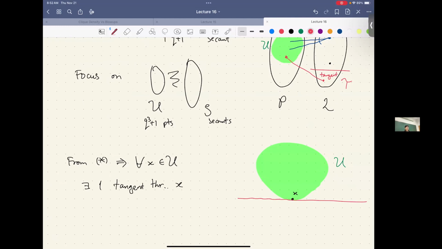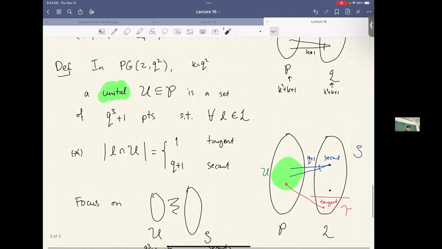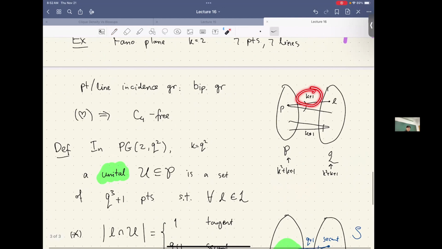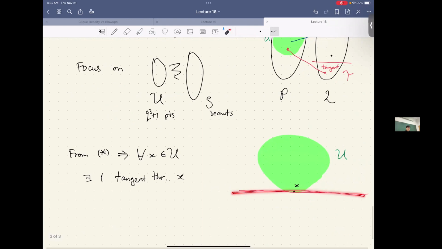So there's one tangent line that looks like this, intersecting U exactly at X. How many lines go through a point X in the whole projective plane? The number of lines going through any point in the whole projective plane is the order plus 1. Here our order is q squared, so the number of lines going through X is q squared plus 1. We know that there is a line that's tangent.